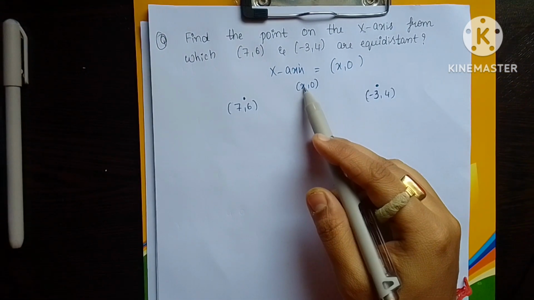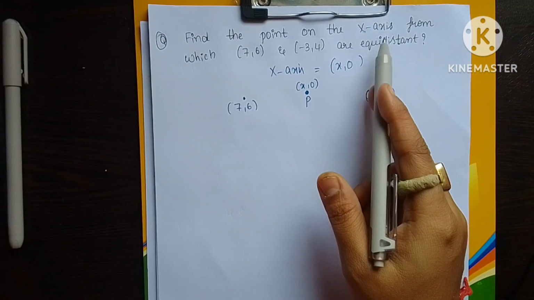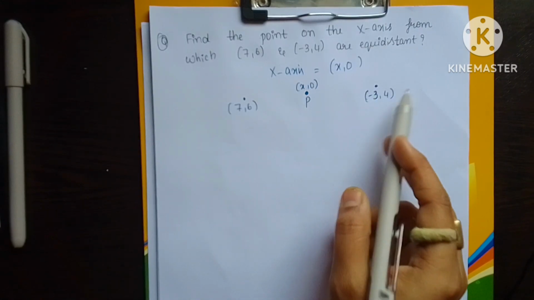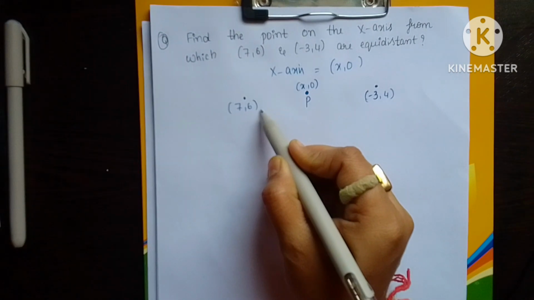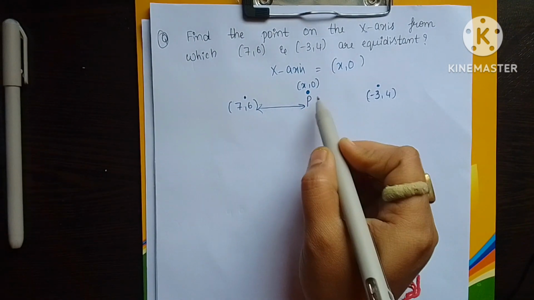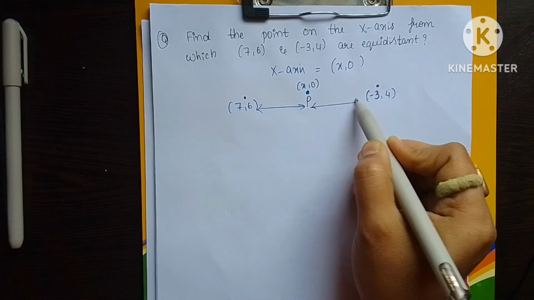Now we have to find the point (x, 0) that is equidistant from (7, 6) and (minus 3, 4), so the distance from this point to this and from this to this.